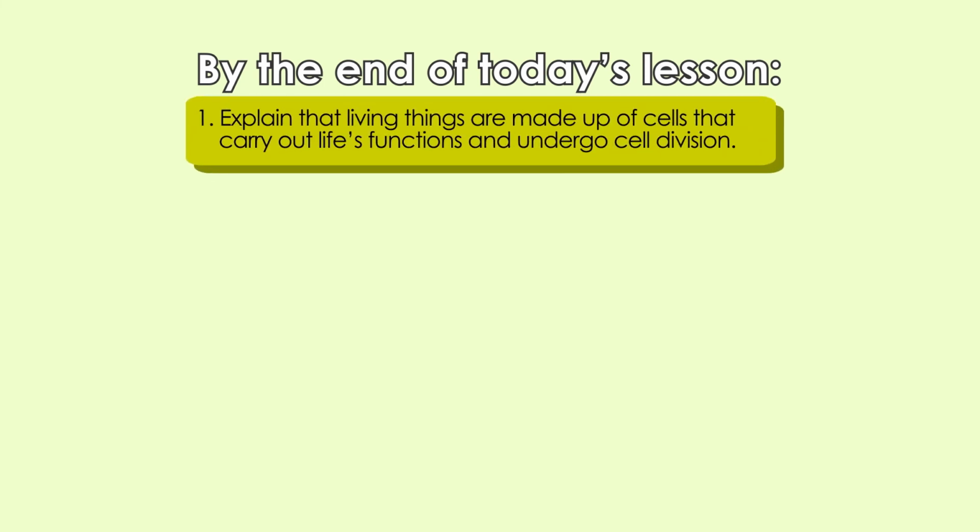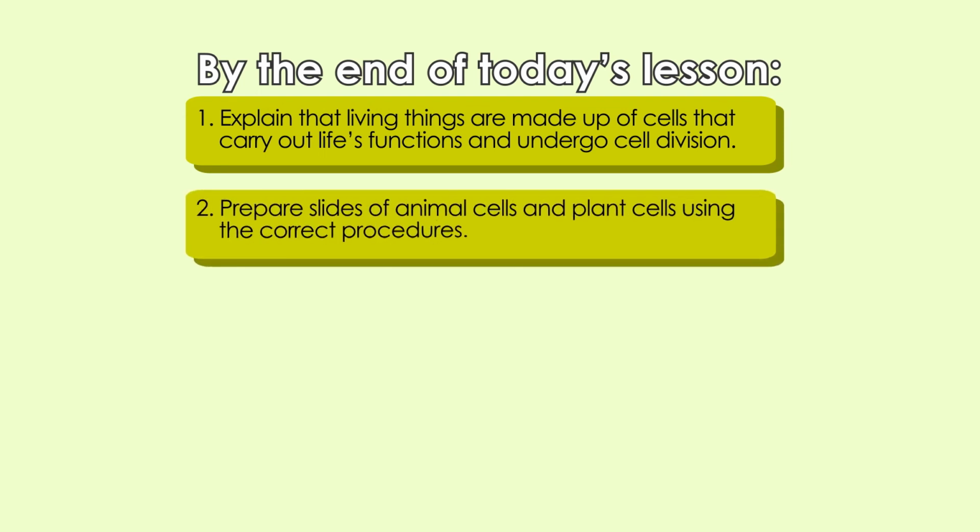You are now able to explain that living things are made up of cells that carry out large functions and undergo cell division. Second, prepare slides of animal cells and plant cells using the correct procedures.